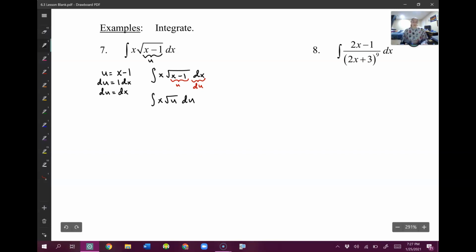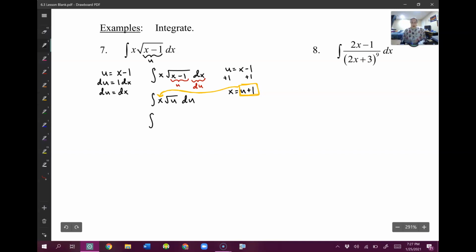So I'm going to do something really sneaky. I'm going to start with my u again. u is x minus 1, and I'm going to solve this for x. So I know x equals u plus 1. And then I'm going to take that and substitute it in for x.